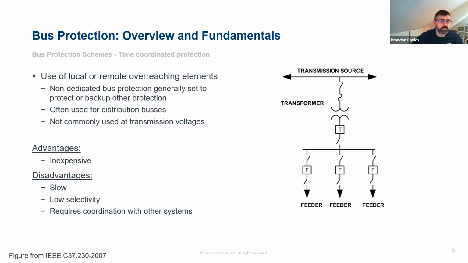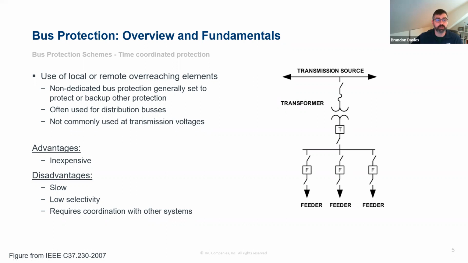A couple advantages of this type of scheme: it's inexpensive. You don't have to buy a dedicated relay. You don't have to buy extra CT sets on your breakers. You can use the other equipment you've already purchased for other functions to provide some level of bus protection. So that's really the main advantage.